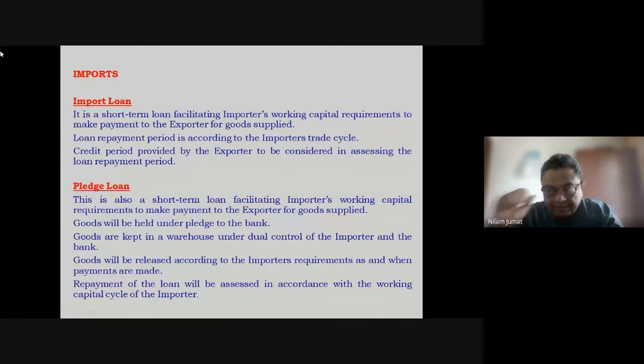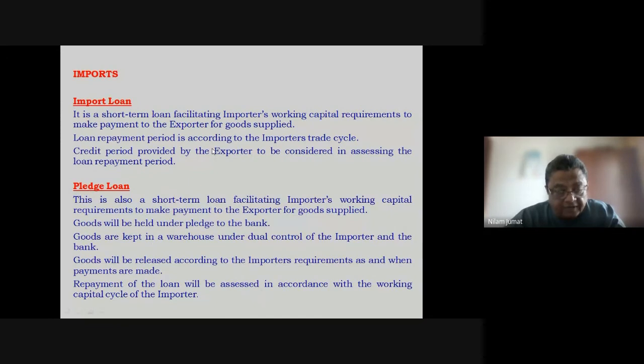But I can't pay, because when I import and bring the goods to Sri Lanka, I have to sell them and give them on credit. It takes me about 3 months to sell my goods and get the money. But the exporter is asking for money immediately. So what the bank does is open an LC, and when the exporter submits documents, they pay him immediately.